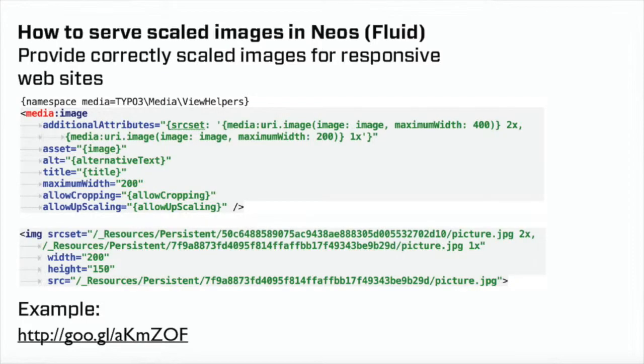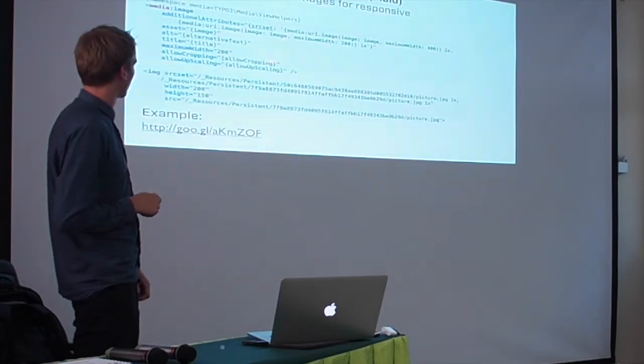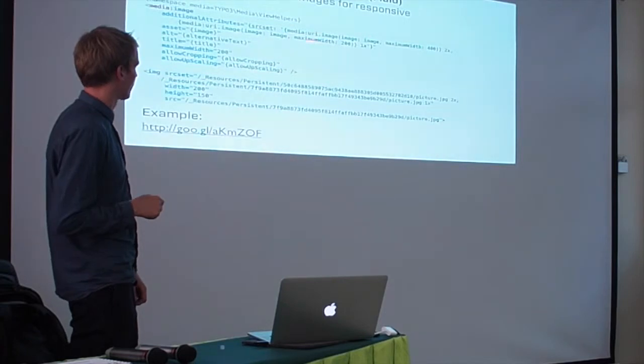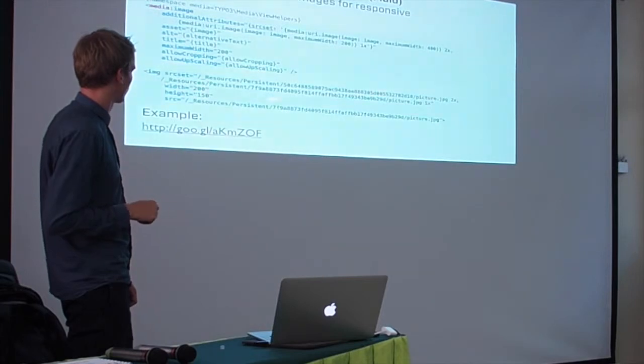I have an example of how you can do that with Neos, and it also works in Carbon3. It's just a little bit different, but the concept is the same. You basically use the image helpers and add a new attribute with, in this case, a higher resolution image, like 400 and 200 for the original, and that outputs this.